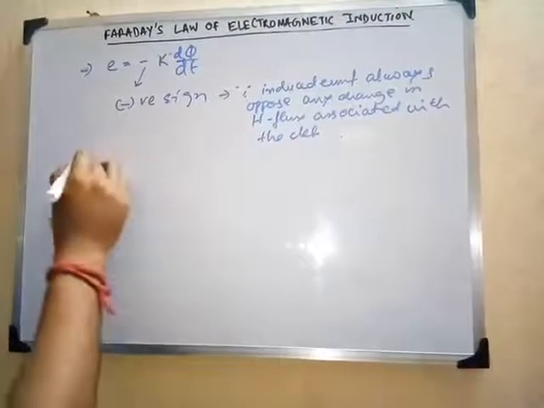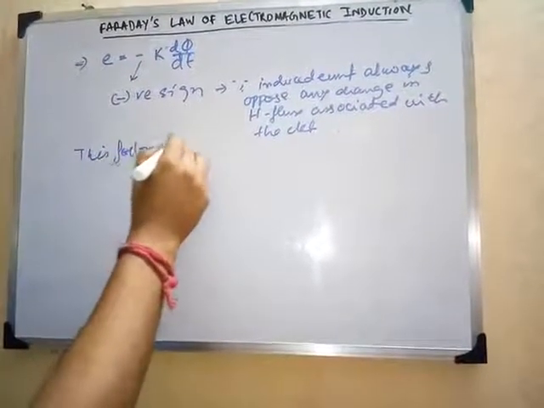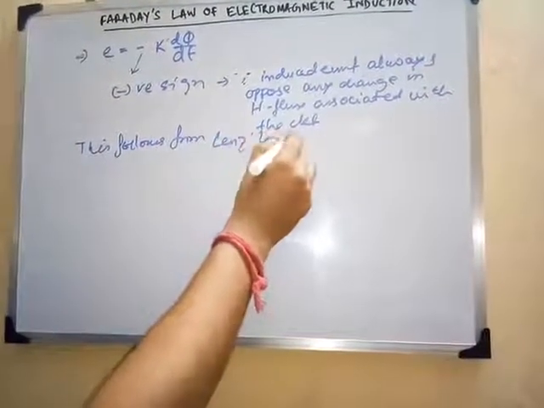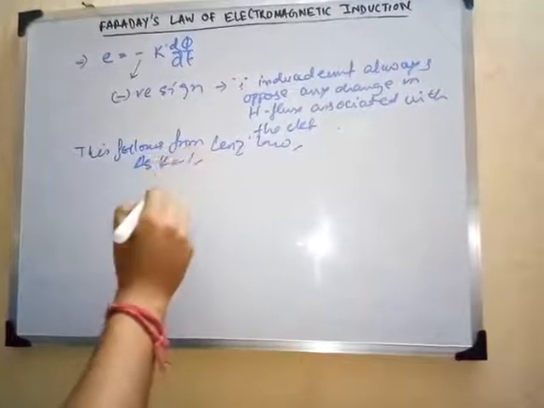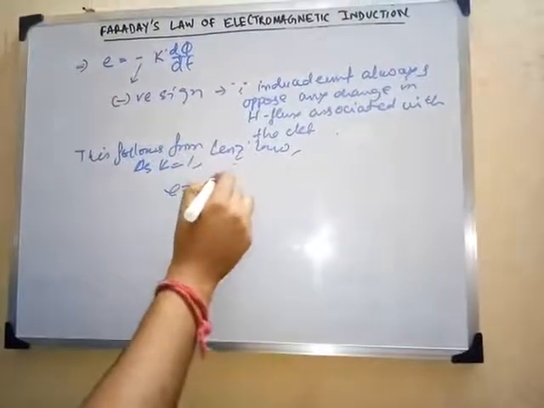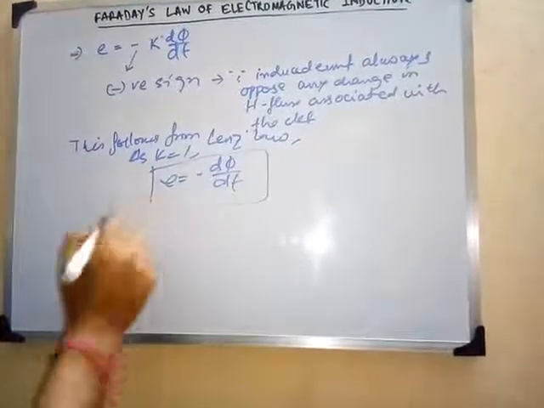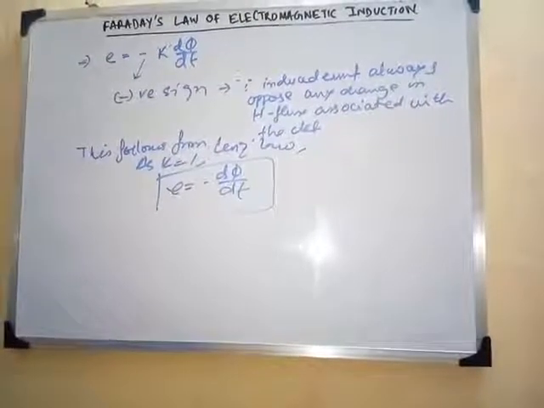So this follows from Lenz's law, taking k equal to 1, E equals minus d phi by dt. This is the expression for Faraday's law of electromagnetic induction.